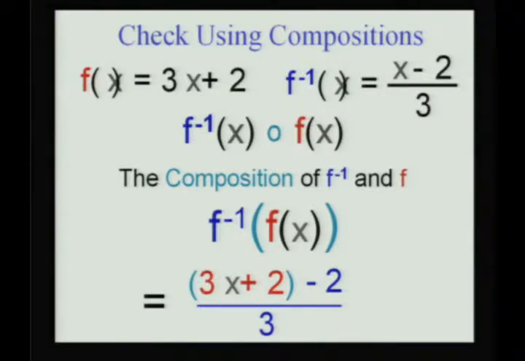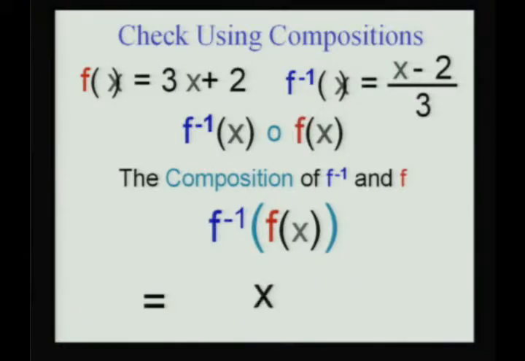Now we simplify. What happens to the 2's? They're dead, and the 3's can cancel, and look what happened. We got back to x, so we know we have the correct inverse. Always good to check if you have time on the exam.